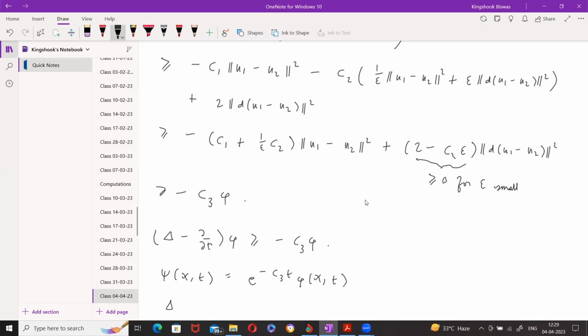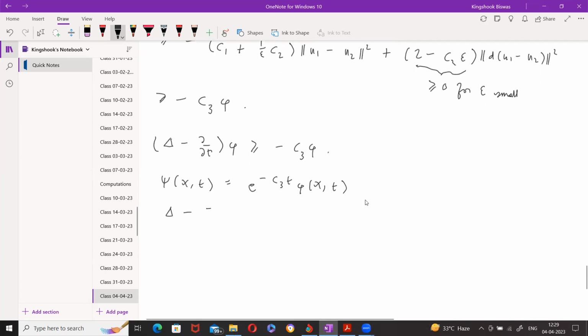Then you can easily calculate this Laplacian minus del t of psi. What will this be? So I'll get Laplacian of this. This only depends on t, so I'll get e to the minus C3t Laplacian phi. And then I have minus del del t of e to the minus C3t phi.